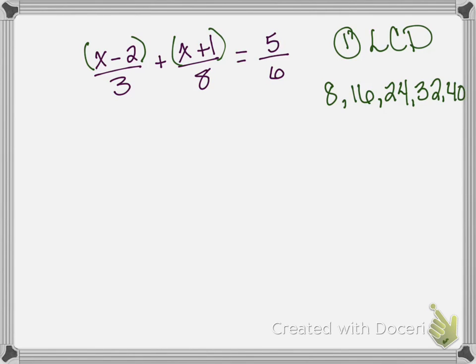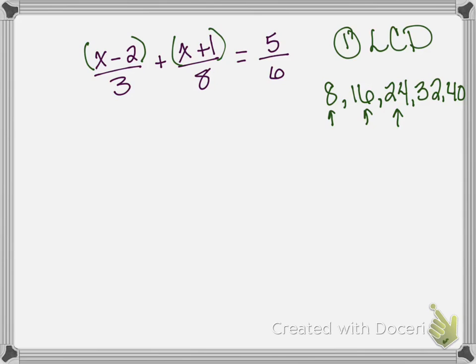So I have just said 8 times 1, 8 times 2, 8 times 3, 8 times 4, and 8 times 5. And then I would think to myself, does 3 and 6 go into 8? No. Does 3 and 6 go into 16? No. Oh, 3 and 6 both go into 24. So my LCD is 24.